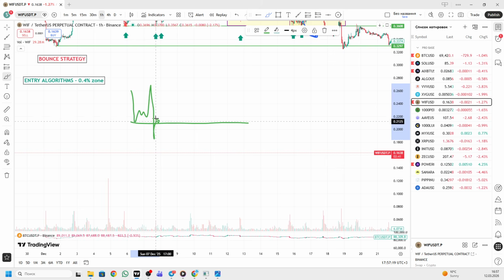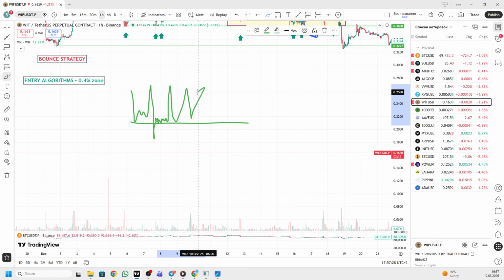Then there was some consolidation here. Then it goes up, then again down. So like this, and it went up. Okay, so we have some wicks here, right? The price has moved around and approached everywhere, so it's strong.